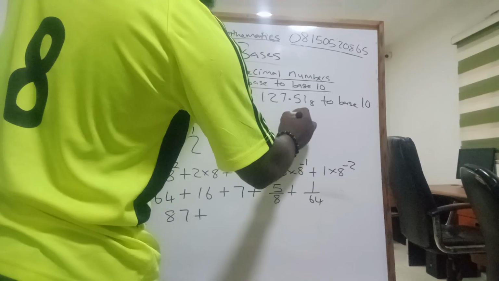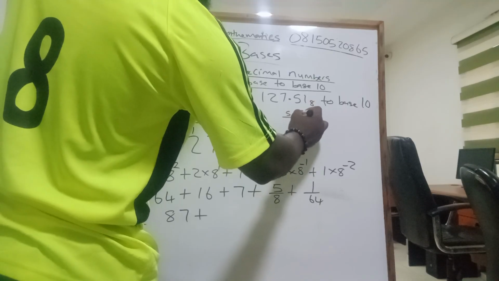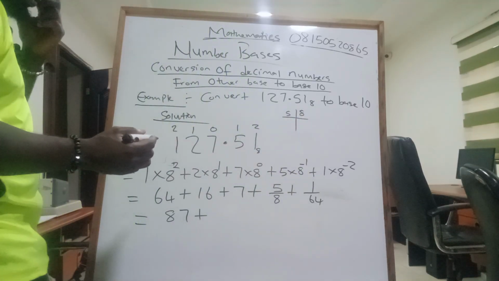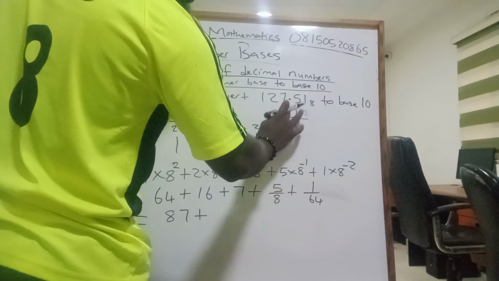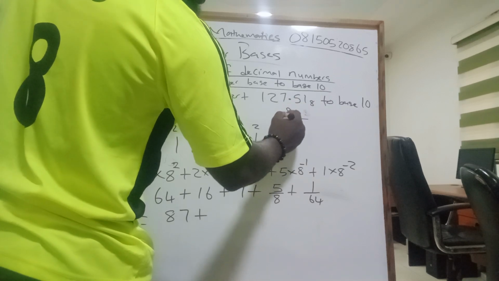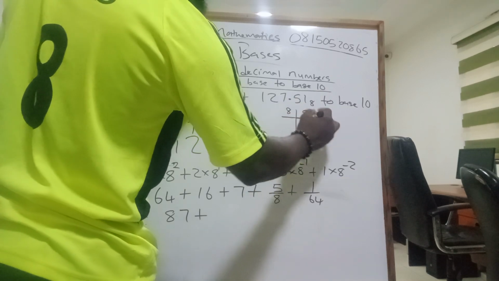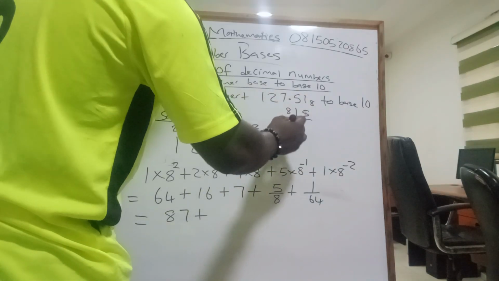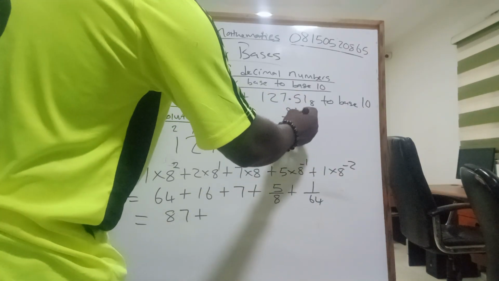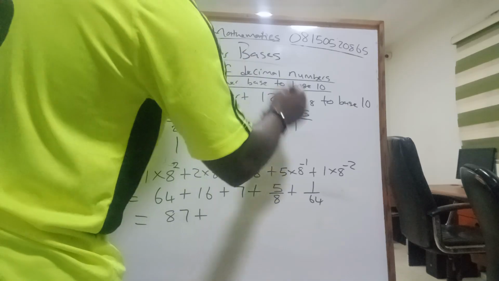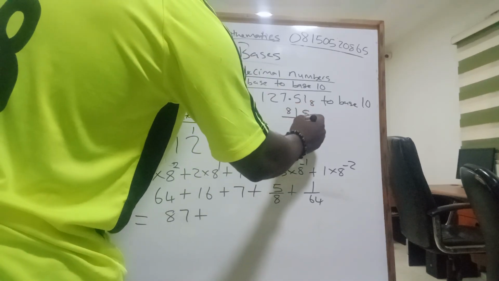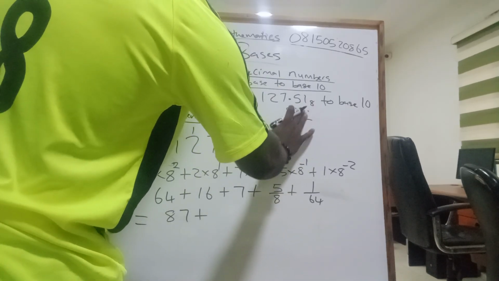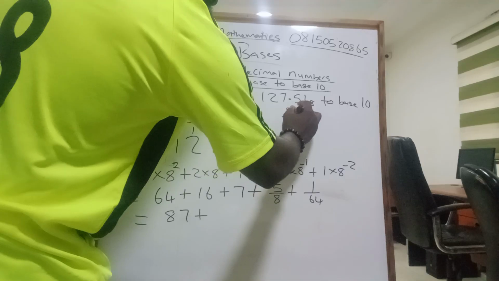Let me just do it at this corner. You have your 8, you have your 5. 8 and 5, that's not possible.